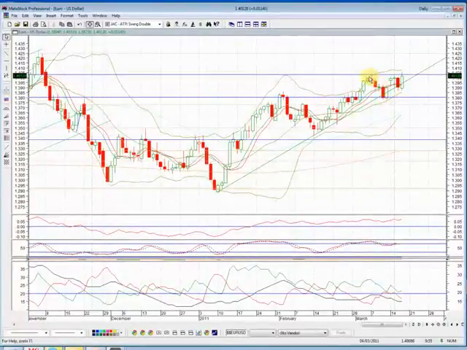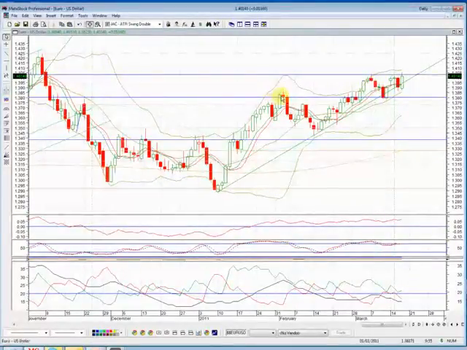So when we have that type of behavior, the market is going up and then breaks through that trend line here and then starts moving sideways. My analysis says that we will have some sideways action to accommodate those price increases for the euro.